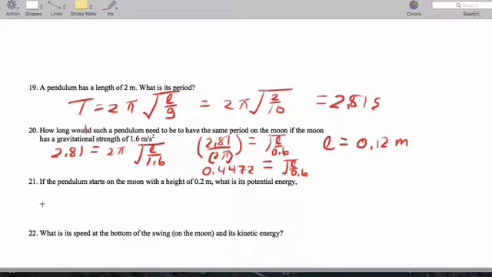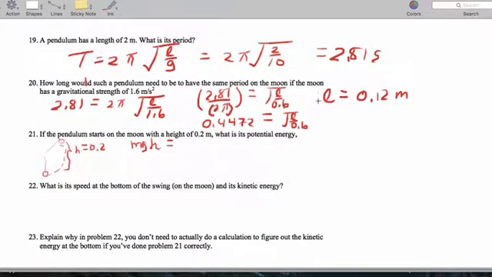Now here's the idea. Here's the pendulum, and we're going to take it all the way up here so that it's got a height of 0.2. And then we swing it through this circle. So we're going to have m g h, but that's g on the moon. Again, I needed to give you a mass for this.